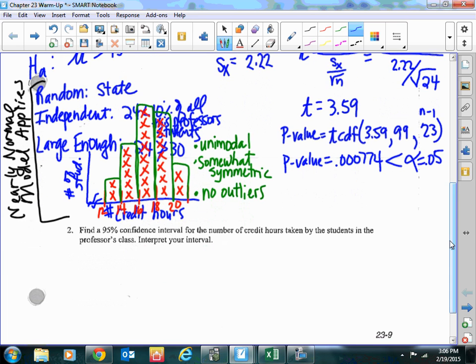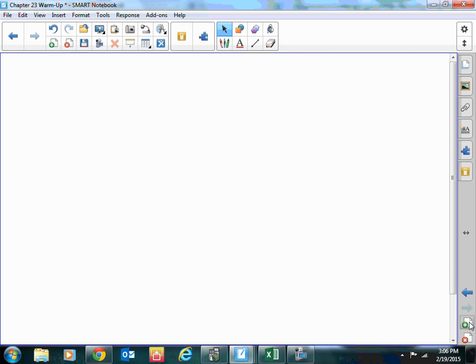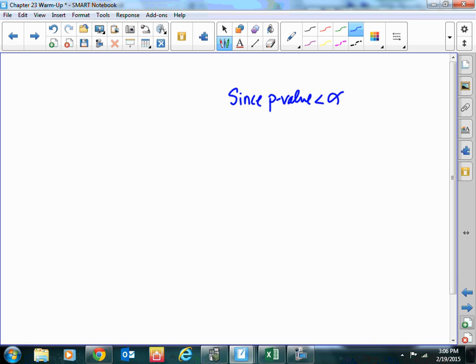So my decision is: since the p-value is low, the null has to go. So I am going to reject the null hypothesis. And my conclusion, which I'm running out of room for, so I'm going to add it on this next page: since the p-value is less than alpha, I reject that the mean hours is 15.